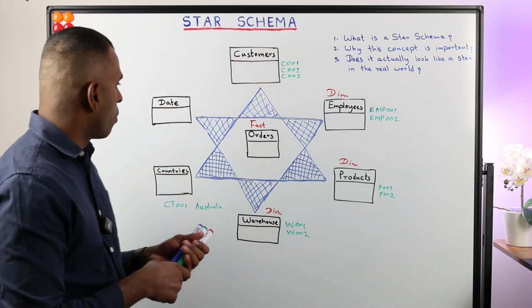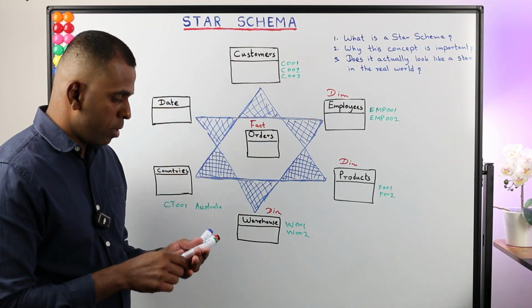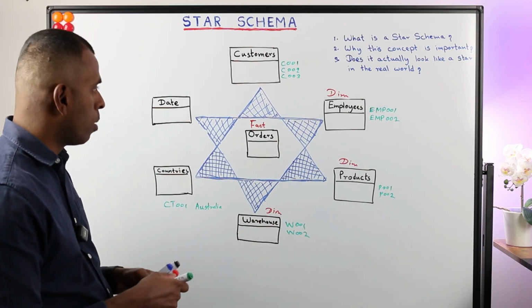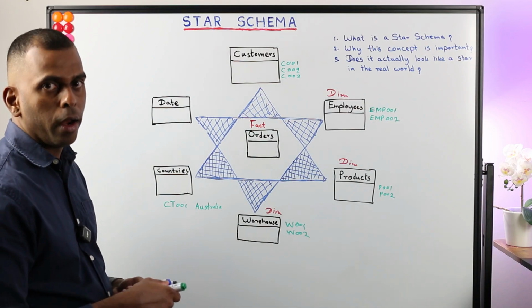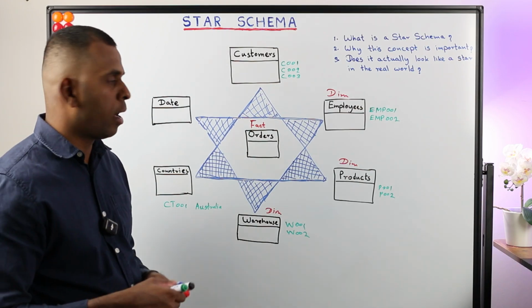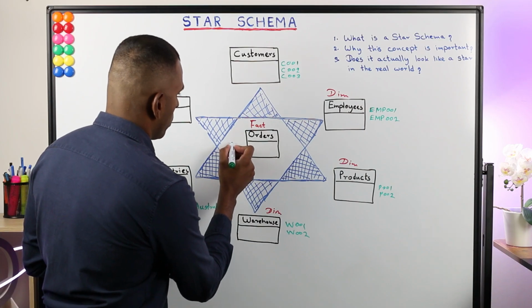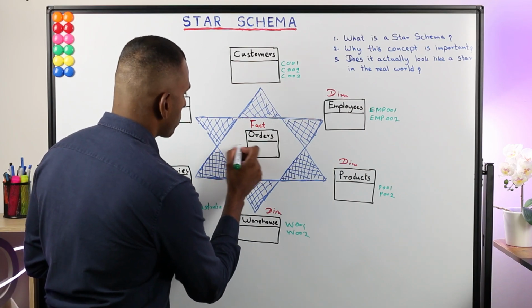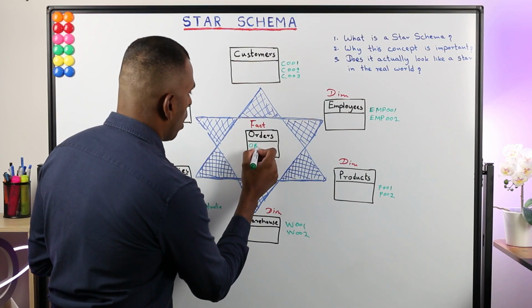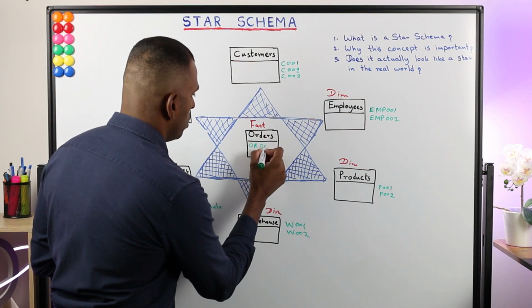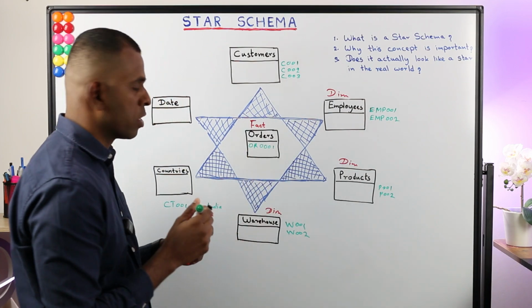So in the order table there is a column which is an order ID or sales ID, like that, that has a unique ID. Let's say OR0001, that's the first record.